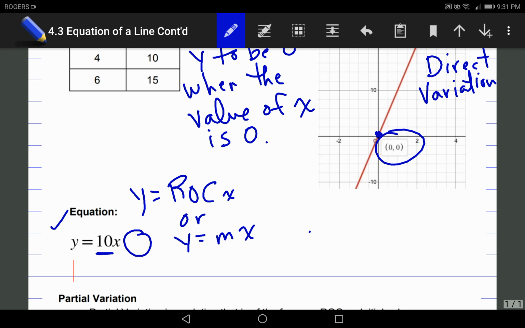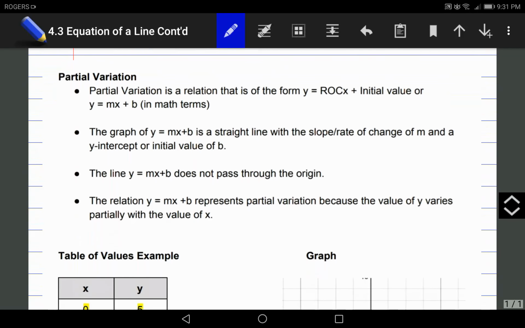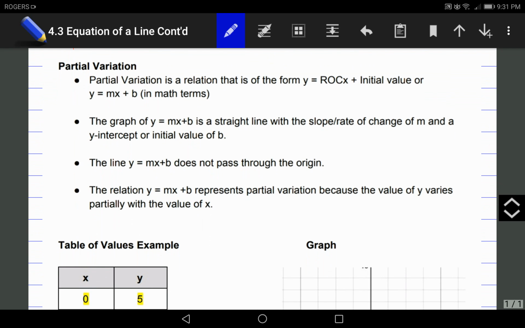All right. So obviously, moving on to partial variation, it's basically the opposite of everything we just talked about. Okay, it does have an initial value. So it has a rate of change and it has an initial value other than 0. And if you were to write it in the mathematical way, the equation would be in the form of y equals mx plus b.